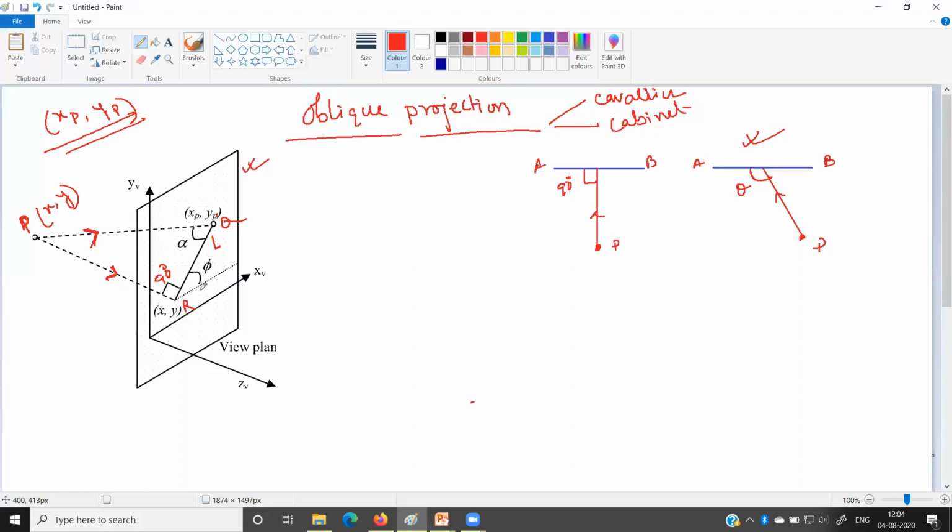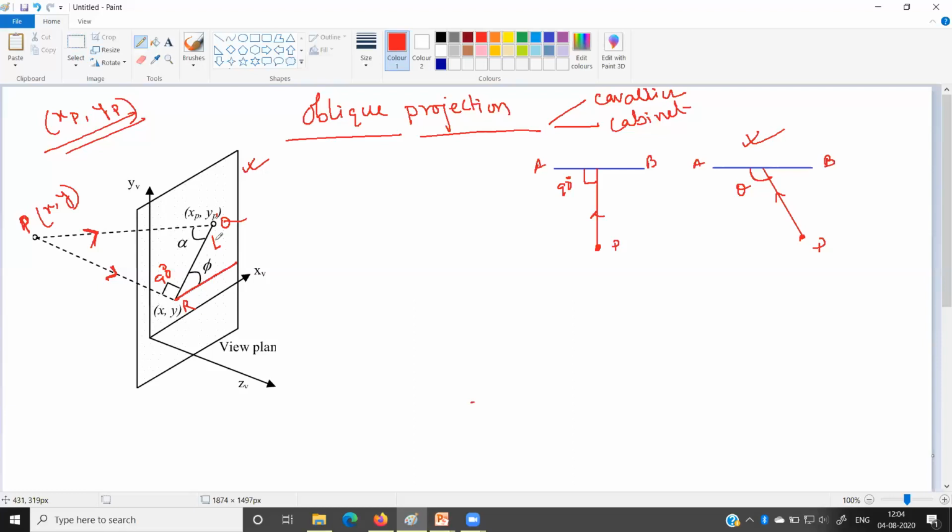This angle phi is formed by the line RQ and a line which is parallel to the x-axis.